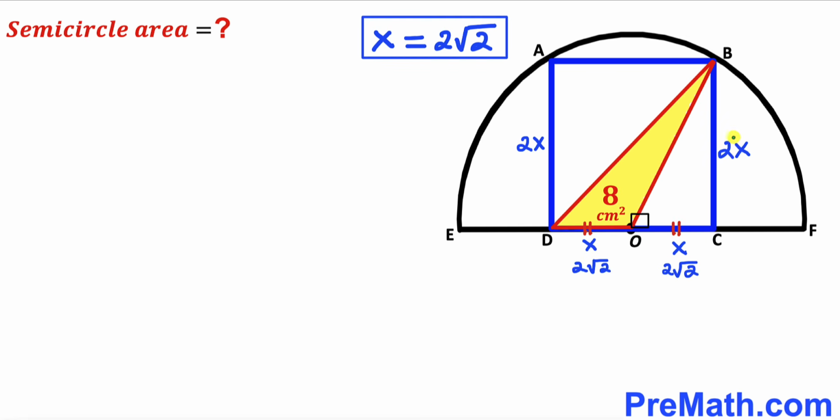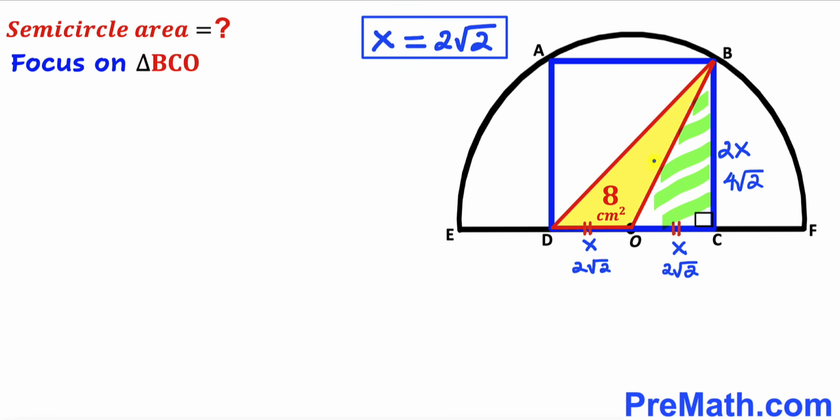And likewise this side length 2 times X, with X being 2 times square root of 2, is going to give us 4 times the square root of 2. And now we are going to focus on this right triangle BCO. And bear in mind that this angle is our 90 degrees angle, since we are dealing with this blue square.